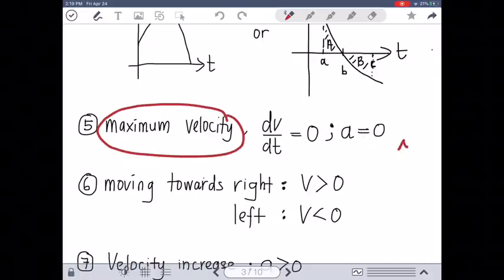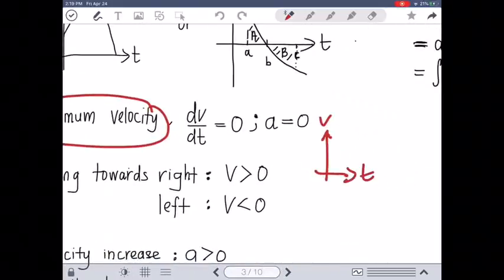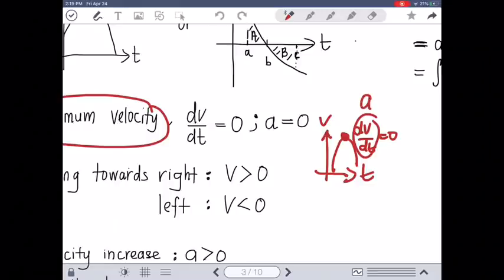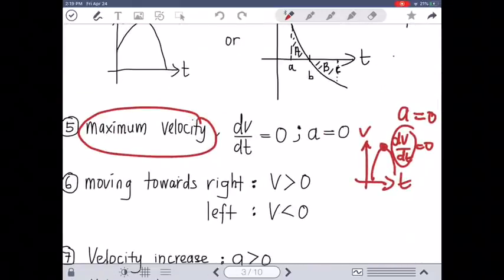If you have v against t, at maximum velocity the gradient is obviously equal to 0. Hence, you know that dv over dt, which is a, is equal to 0. So at maximum velocity, dv over dt is equal to 0, or a is equal to 0.